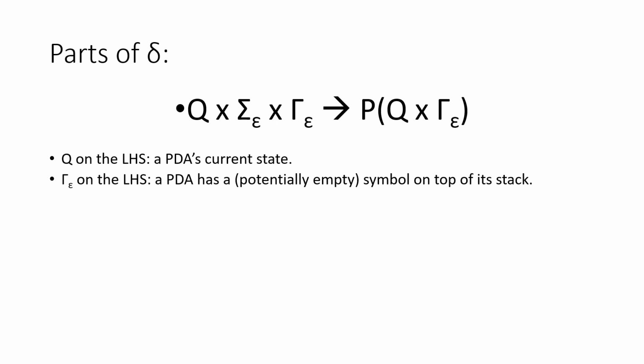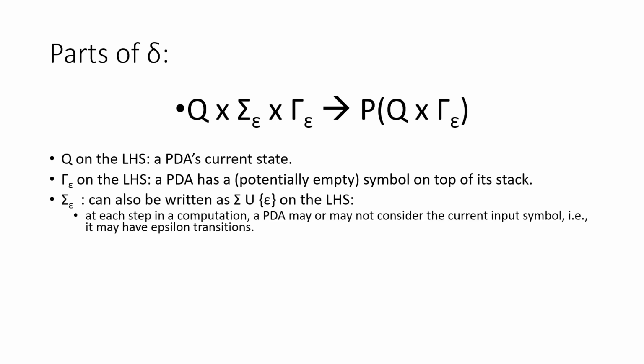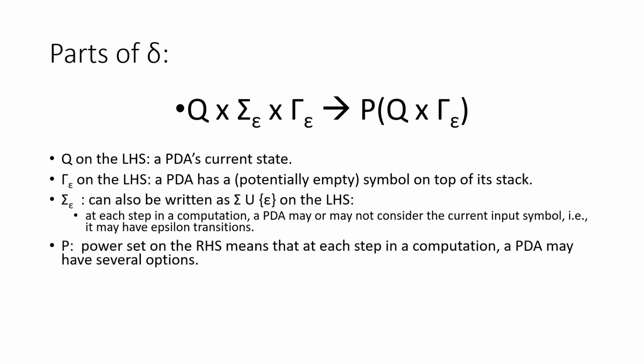Gamma sub epsilon on the left-hand side indicates that the pushdown automata has a potentially empty symbol on top of its stack. Sigma sub epsilon means that the pushdown automata is going to look at the current input symbol, but it may also have epsilon transitions, which we've seen before with NFAs.